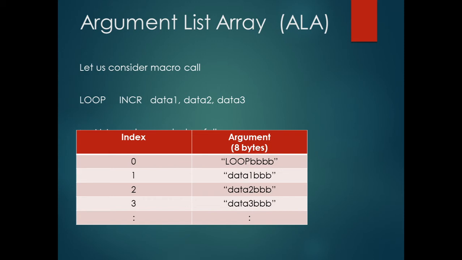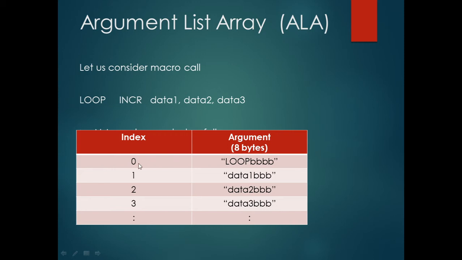The first one is the index and the second one is the argument. For the argument, 8 bytes are reserved. In this macro call, incr is the name of the macro, and there are four arguments. Loop is the label, and the other three arguments are data1, data2 and data3.